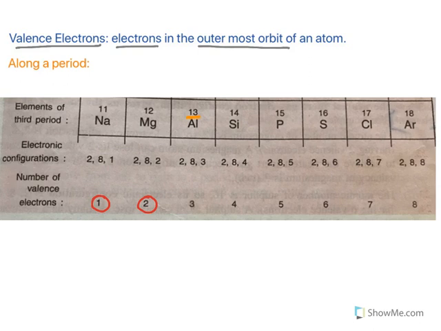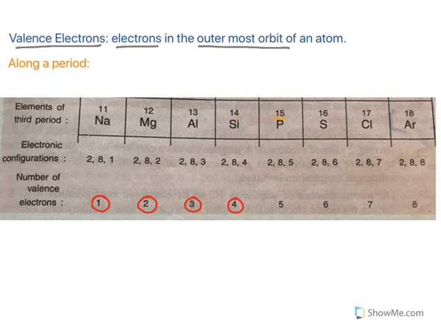Then it's aluminium with atomic number 13, electronic configuration 2, 8, 3. So the number of electrons in the outer orbit is 3. Then we have silicon with atomic number 14, electronic configuration 2, 8, 4. The number of outermost electrons is 4. So valence electrons 4.